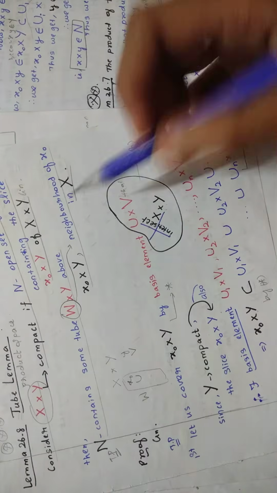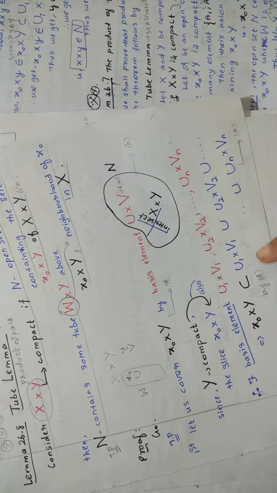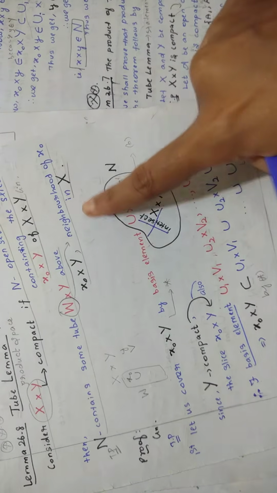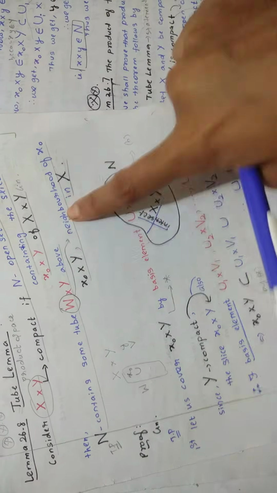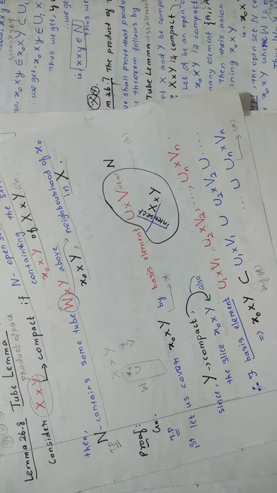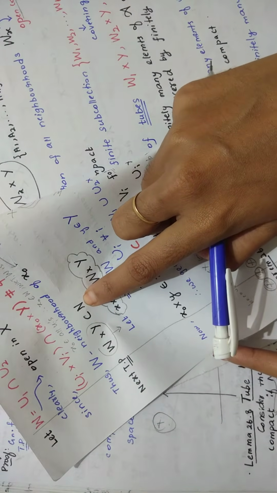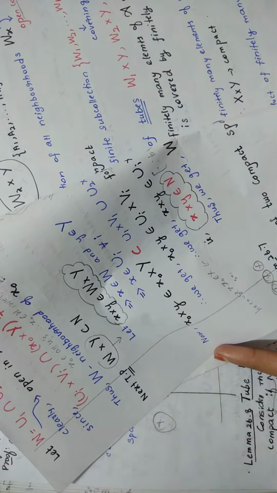You are going to say, first you have to prove this, right? So now what you are doing is, you are proving W is a neighborhood of X naught in X. That is what you are about to prove. Okay, after proving that, you will prove W cross Y contained in N. Okay, you are proving two conditions here.